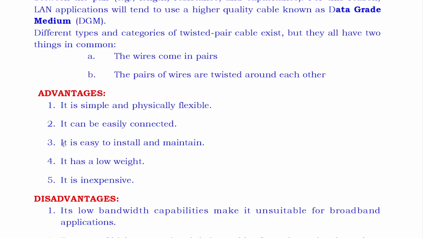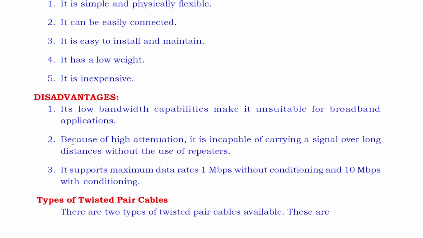Those are the advantages. Disadvantages, as I have already told, it has a low bandwidth, which makes it unsuitable for broadband applications. Because of resistance and other electrical factors, the cables do not support higher data transfer. Therefore, for broadband applications this type of network may not be used because of high attenuation.